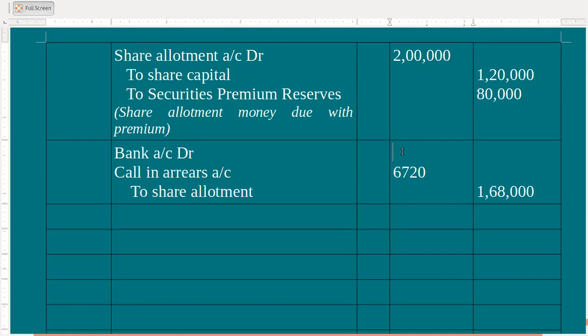We have to receive 1,68,000 as allotment money, but out of that, Mukesh is not paying 6,720. So what amount will we receive? 1,61,280. Okay, this is the amount we are going to receive.